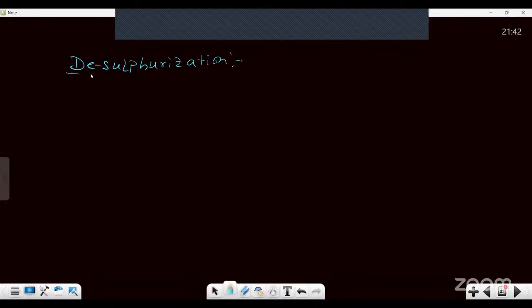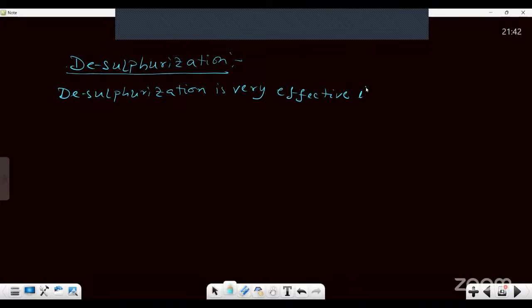It is very effective in the ladle furnace.